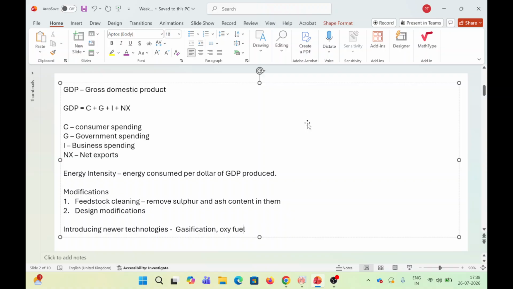So one is gasification and another one is oxy fuel combustion. Third one is chemical looping. Fourth one is direct liquefaction. Again, the list is quite exhaustive in nature.